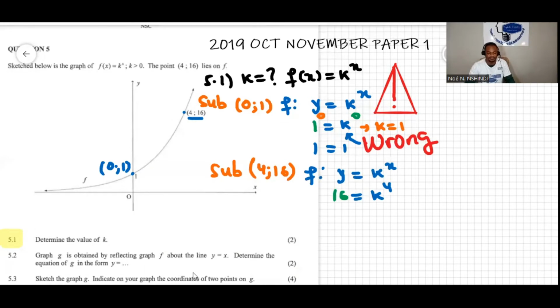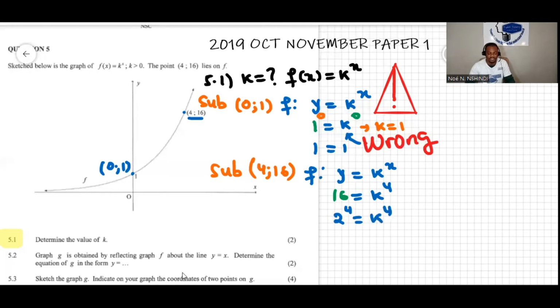Now, in a situation like this, we must write the numbers in terms of their prime factors. So 16 is 2 to the power of 4. And then we have k to the power of 4.